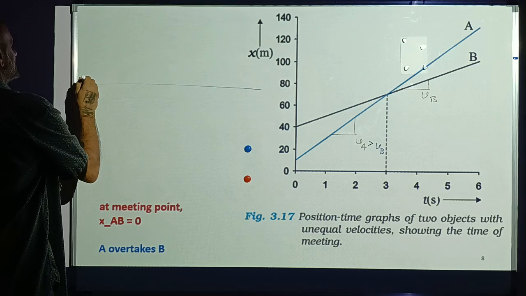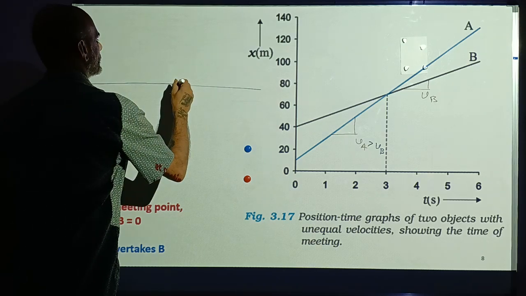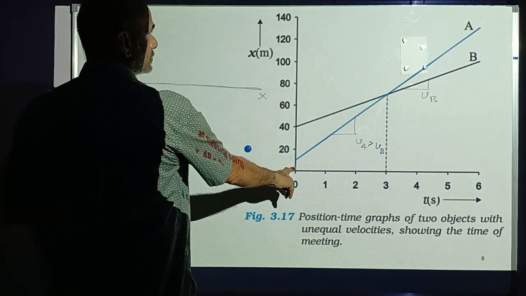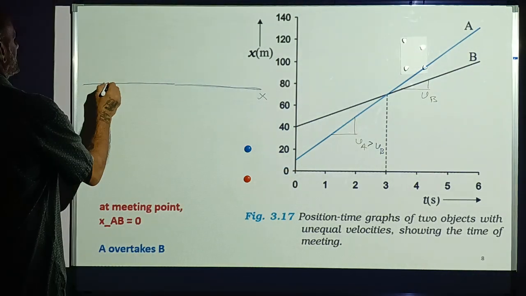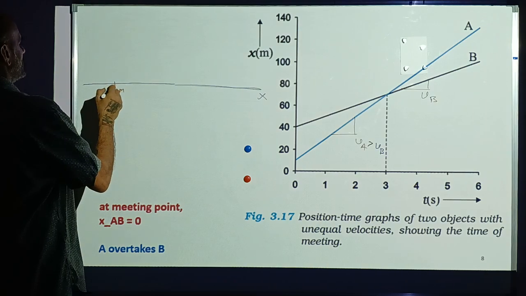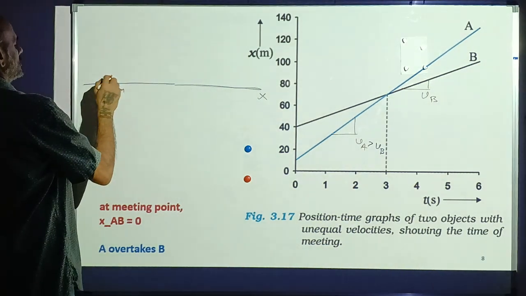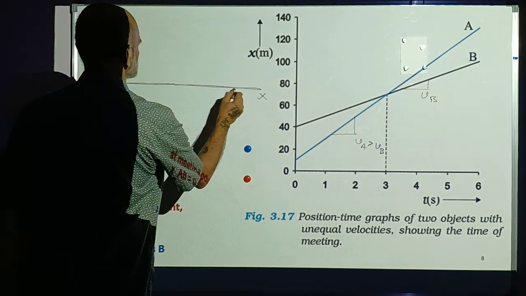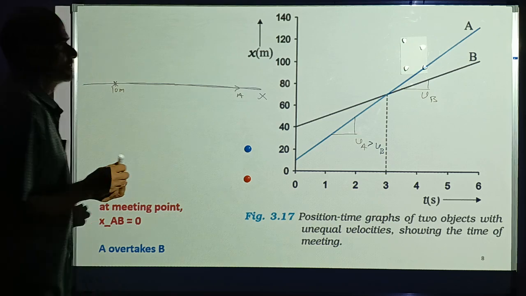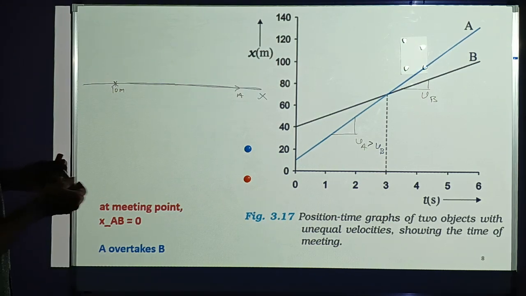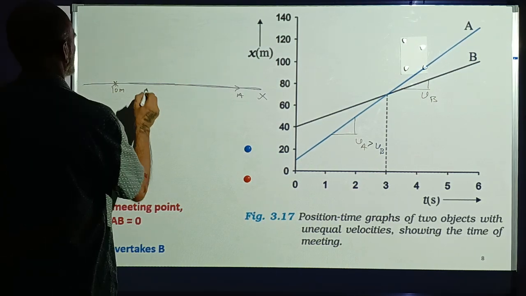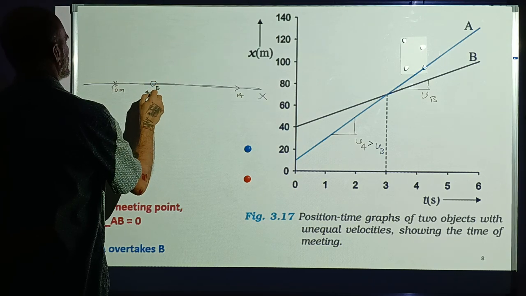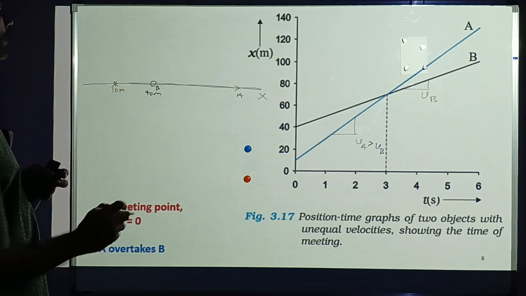So motion along the x-axis. At time t equal to 0, A is at 10 meters. So let this be 10 meters. A is here, and after it's moving, A will move towards right like this. B starts at 40 meters and is also moving towards right.